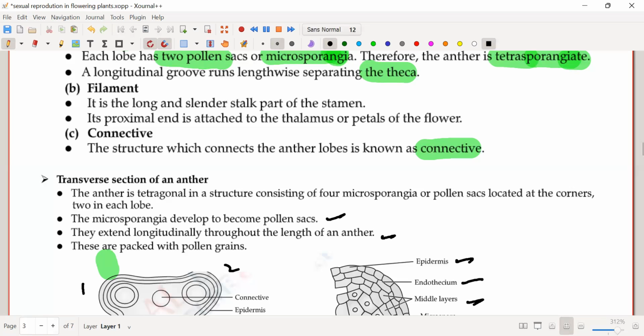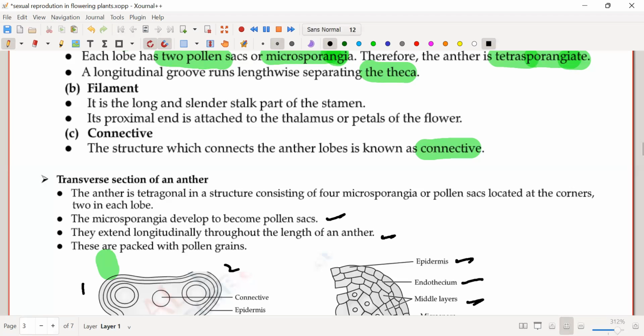Next, the pollen grain. Pollen grains germinate and give rise to male gametes, 25 to 50 micrometers. It is well preserved as a fossil due to the presence of sporopollenin, a tough, resistant, and stable material.